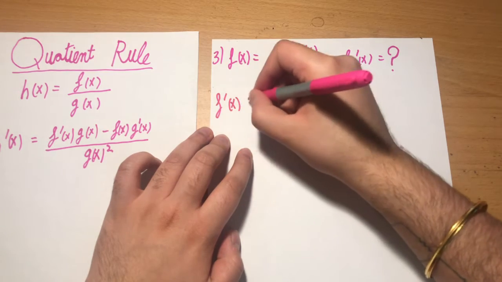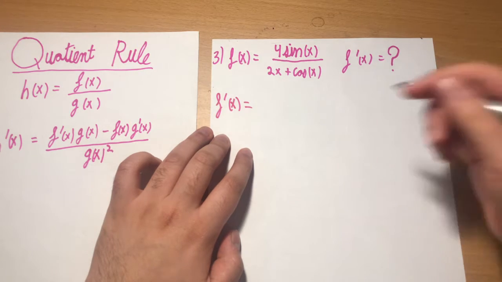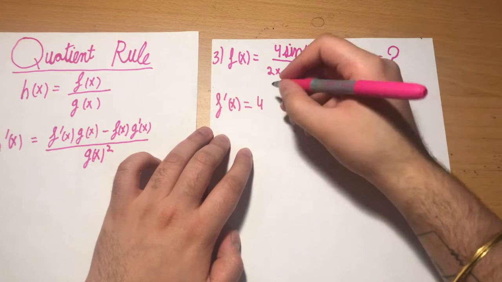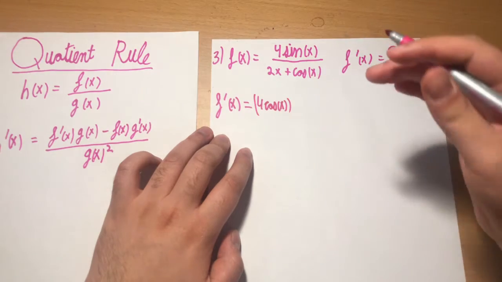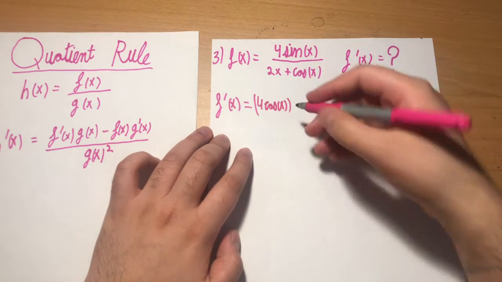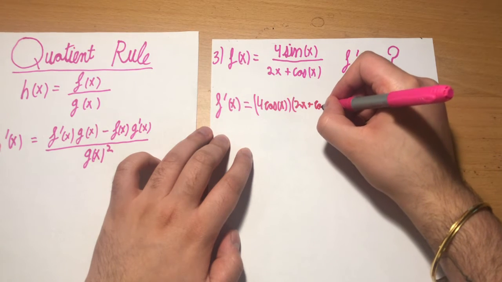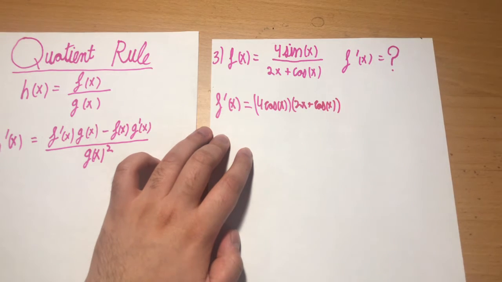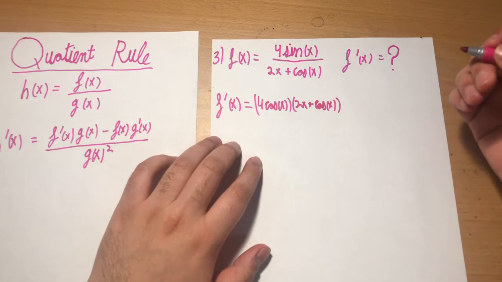F prime of x should equal the derivative of your numerator, which will just be 4 cosine x multiplied by the original denominator, 2x plus cosine x, subtracted by your original numerator multiplied by the derivative of your denominator.